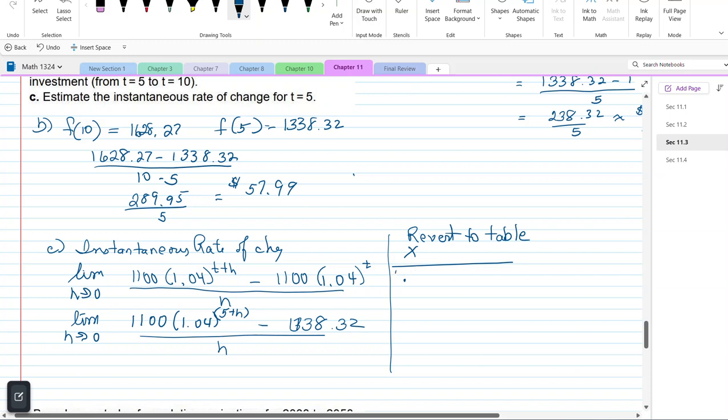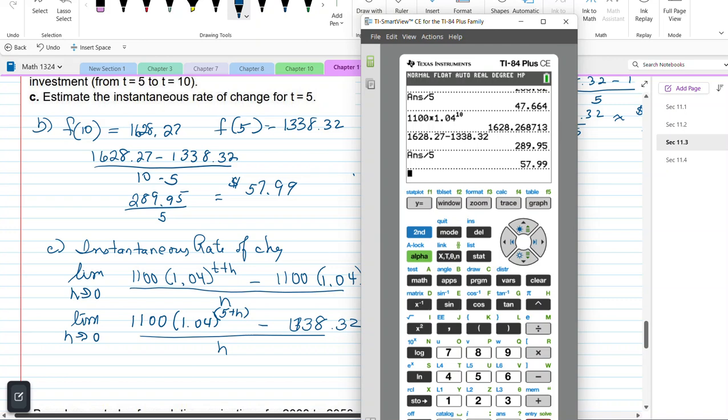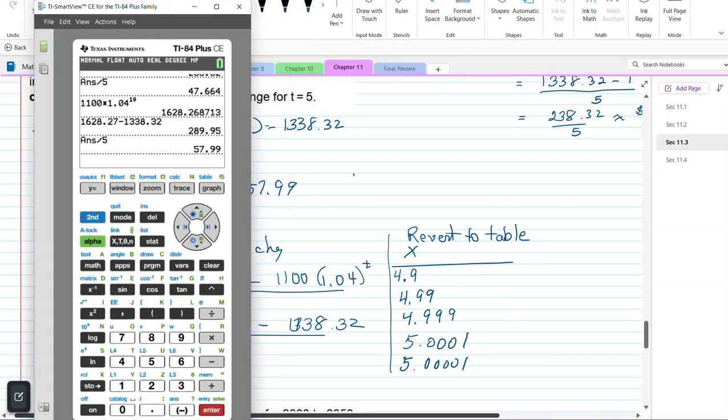So we want 4.9, 4.99, 4.999, and then we could take the limit at 5, but then we're going to do 5.1, 5.001, 5.00001, and so forth. So let's look at our table on that, because I cannot do that math without going into the short form of what we have.